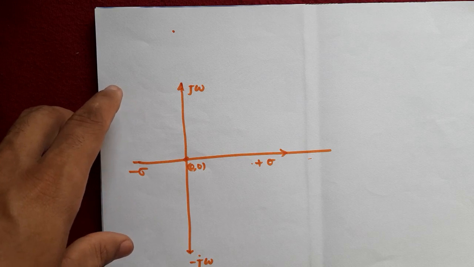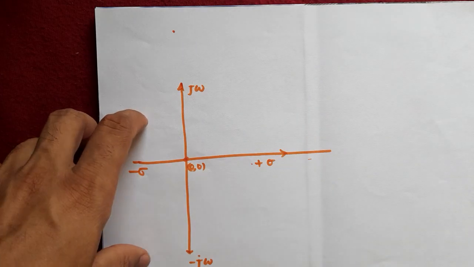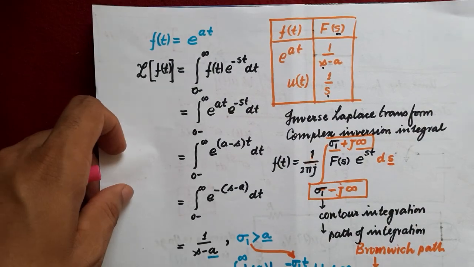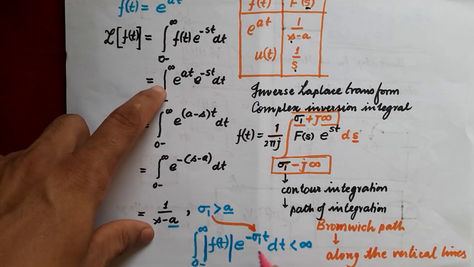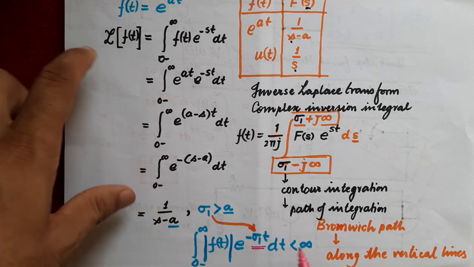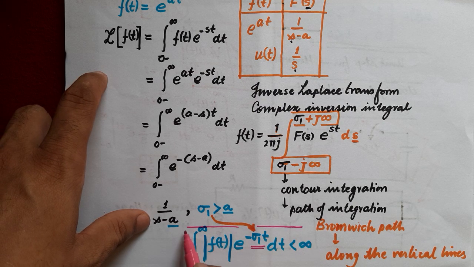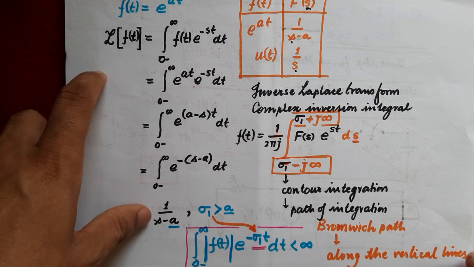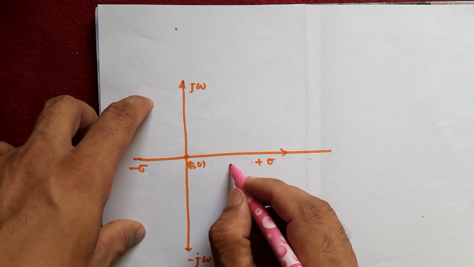And the sigma 1, which we have seen earlier, which is present in the sufficiency condition, is somewhere here.